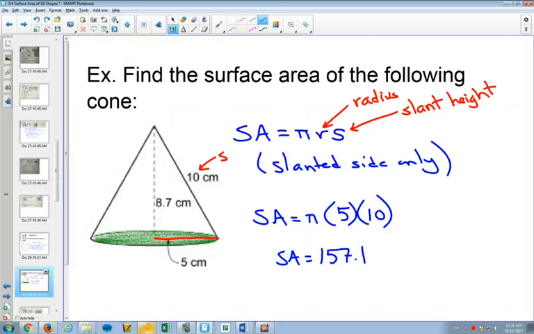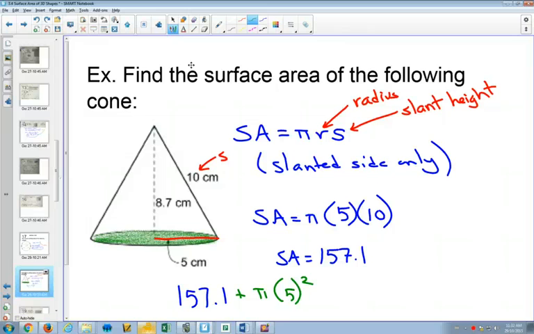We get 157.1. Now that's the surface area of only the round part. If we wanted to add the green part to it, what shape is on the bottom? A circle. So we would take our surface area of 157.1, and now we have to add a circle. We go to our formula sheet, and the area of a circle is pi r squared.